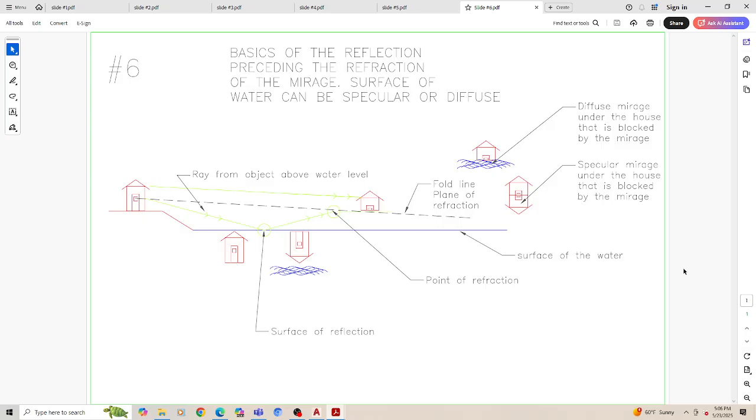It can produce reflections or total internal reflections. And I don't want to confuse anybody at this point.